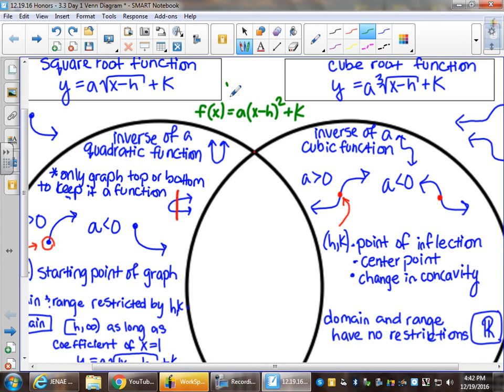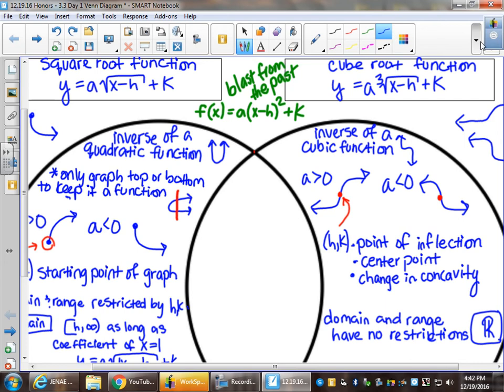This is from the past, right? This is the last unit. Because there's a lot of connections between h and k with quadratics and here. So think back to quadratics. What did h do to the graph?